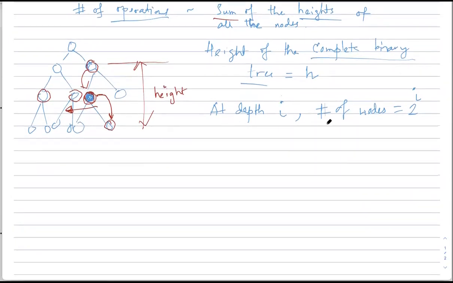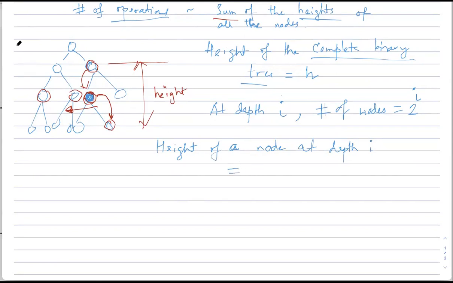All right, so at depth i, the number of nodes is 2 to the power i, okay? Next question. What is the height of a node at depth i?